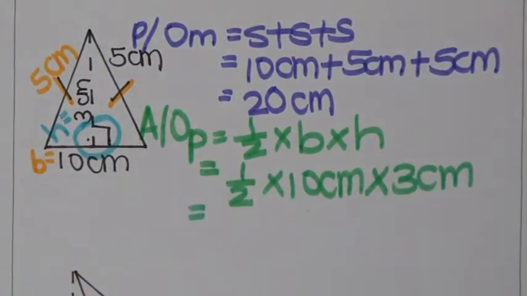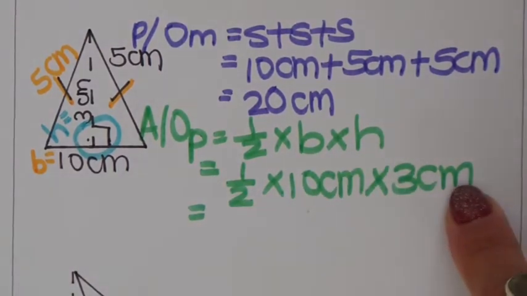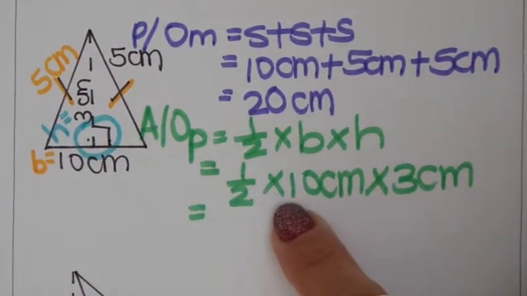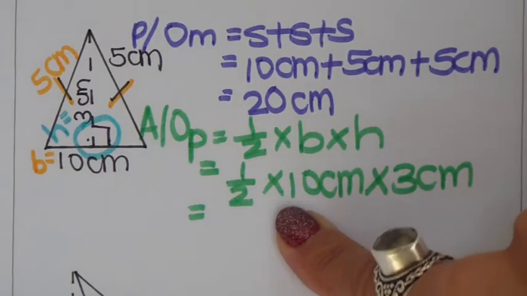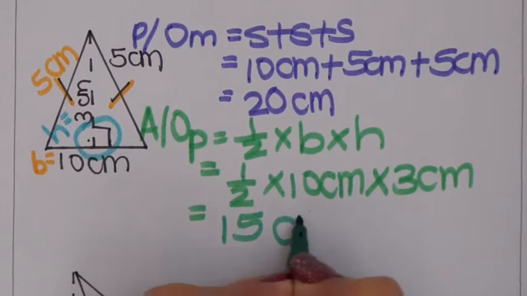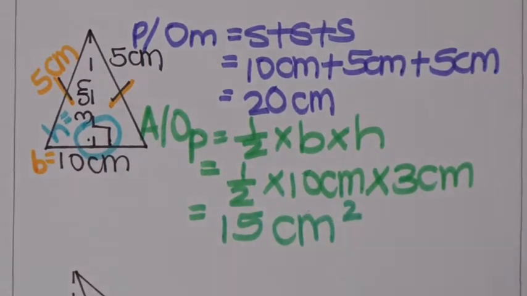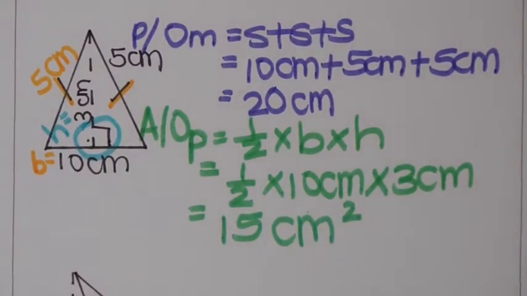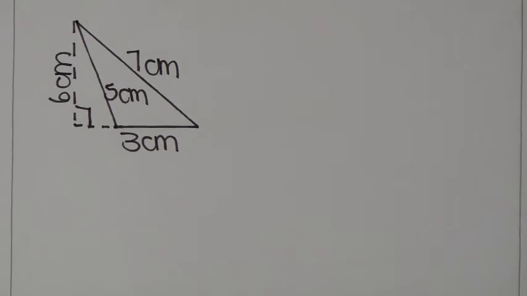Beautiful. Okay, 10 times 3 is 30. Half times 30. Wat is die helfte van 30? Dis 15. Dit is 15 vierkante centimeter. 15 centimeters squared.